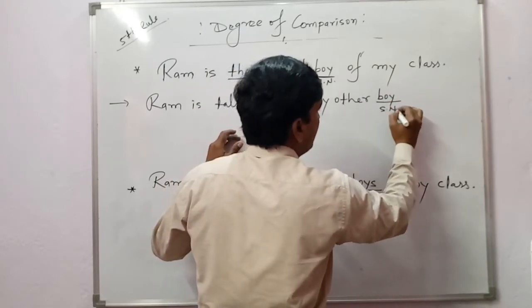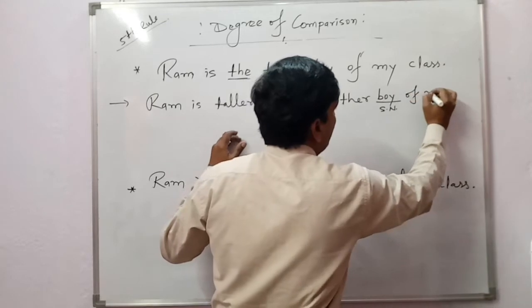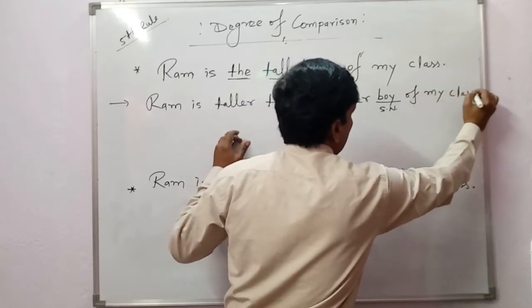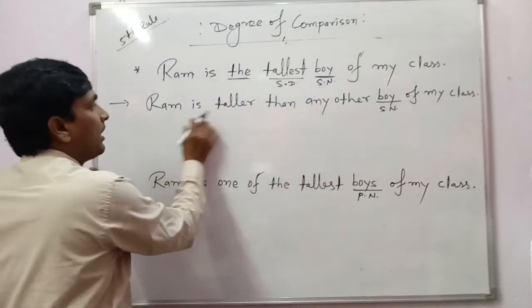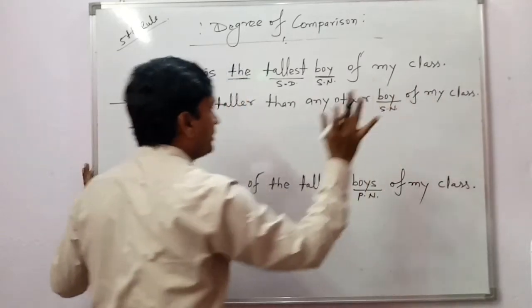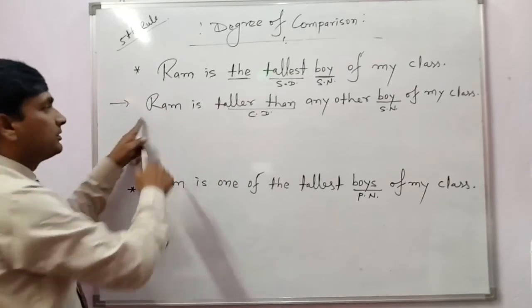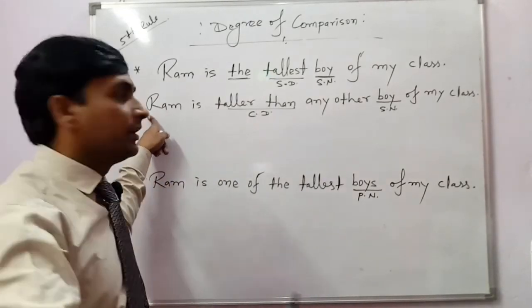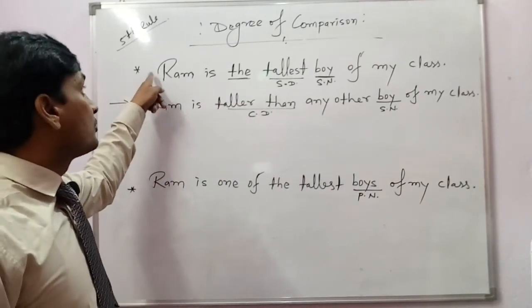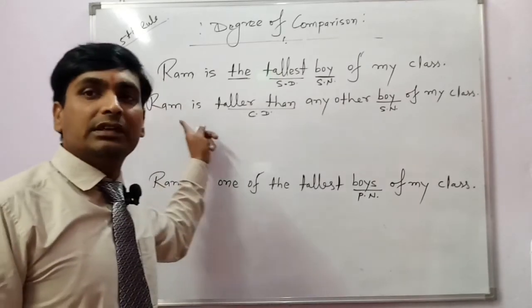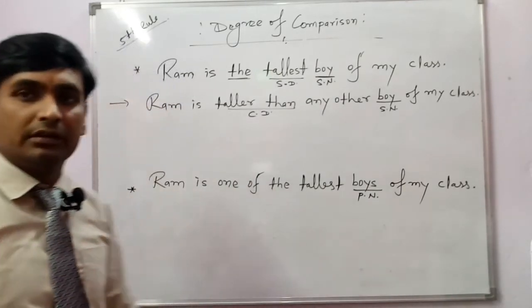Boy is singular noun, right? Of my class. So now your sentence is, Ram is taller than any other boy of my class. So this is CD, meaning you have changed it into comparative degree, right? So from superlative degree, you have changed this sentence into comparative degree, right?